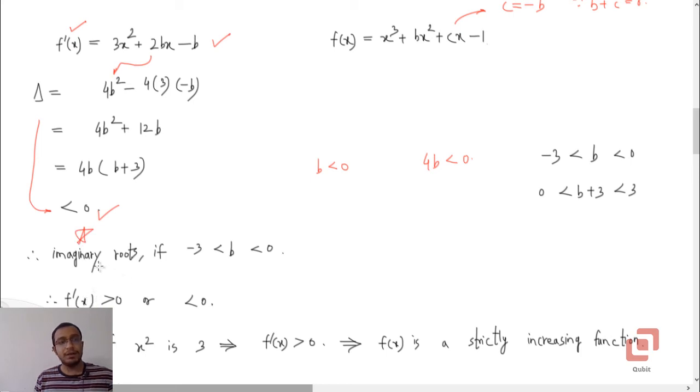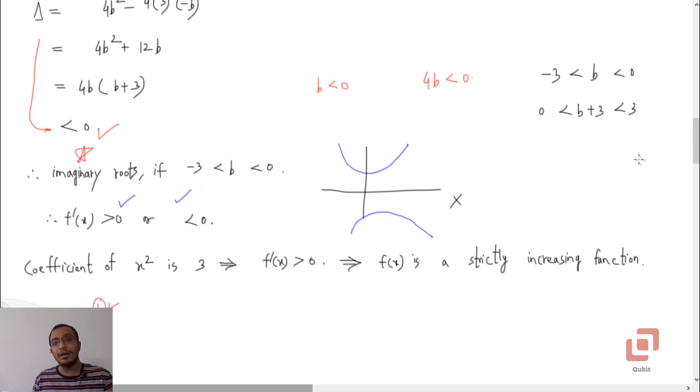Now if the function has imaginary roots, what does it suggest? It suggests that the graph of f dash of x will never intersect the x-axis because it is having imaginary roots. So it will either be like this or like this.